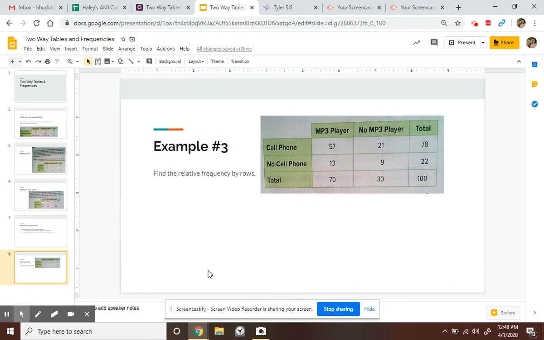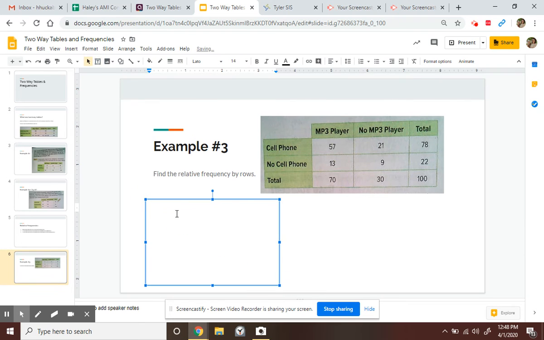Okay, if we're going to do an actual example of that, this one tells me to find the relative frequencies by row. So I'm just going to take my first one here, 57. I'm going to divide it by my total for that row. So 57 divided by 78.